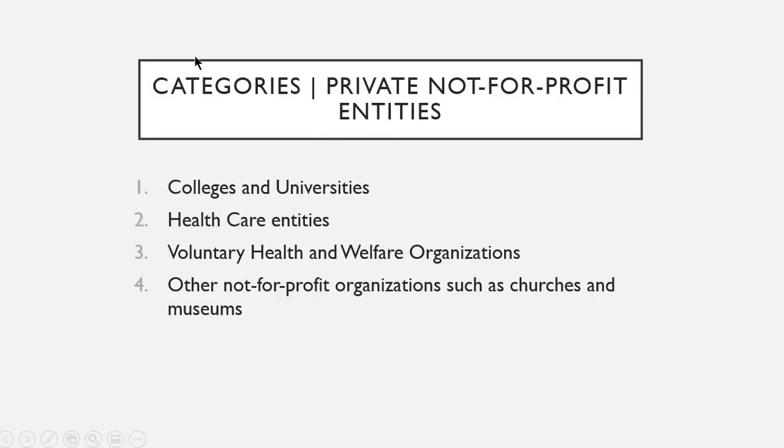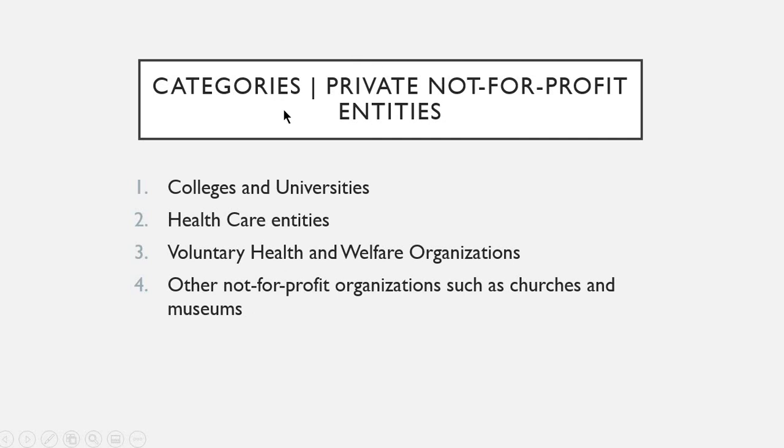Now, because this video discussion is focused on private not-for-profit entities, what are the categories of private not-for-profit entities? First, we have colleges and universities. Those colleges and universities are considered not-for-profit entities, but not all, because we also have state universities and colleges, or SUCs.